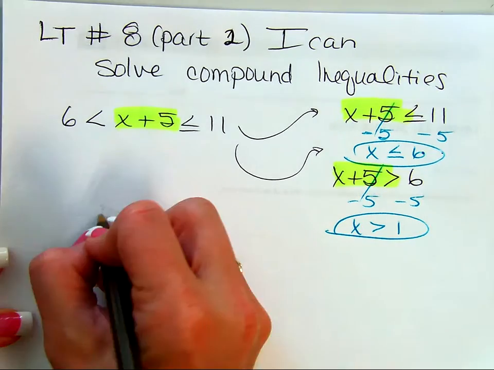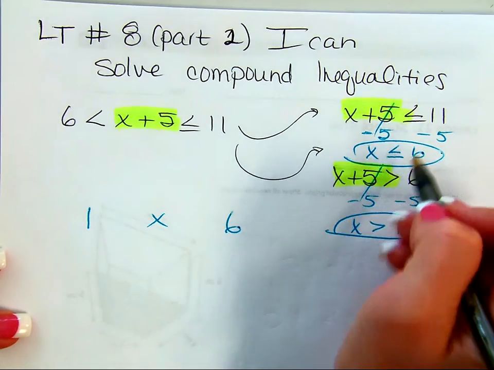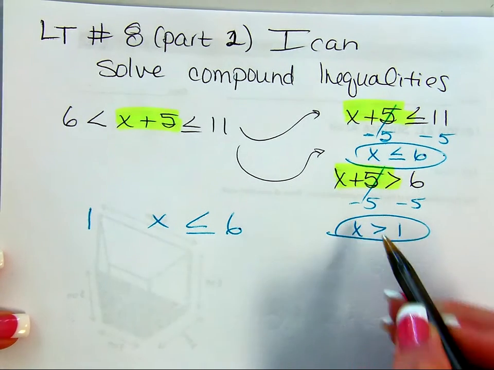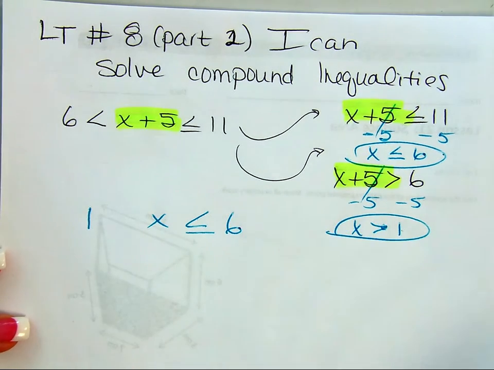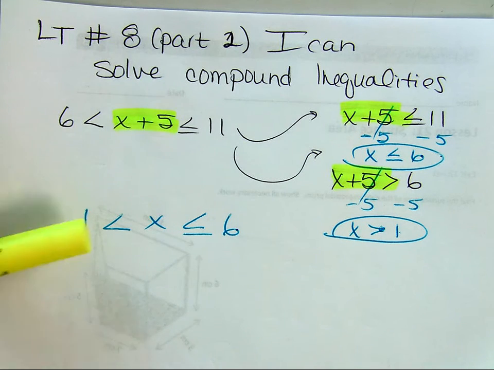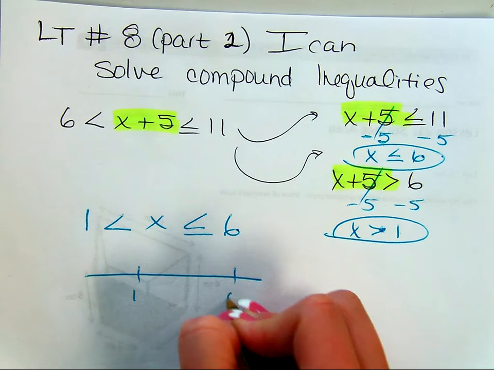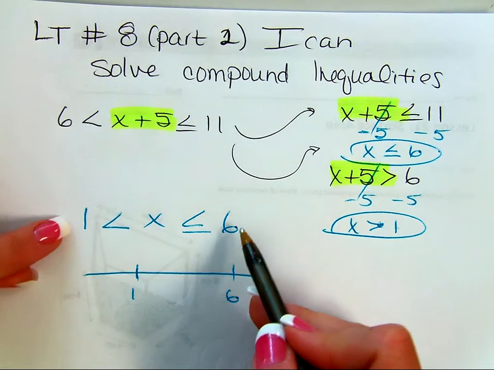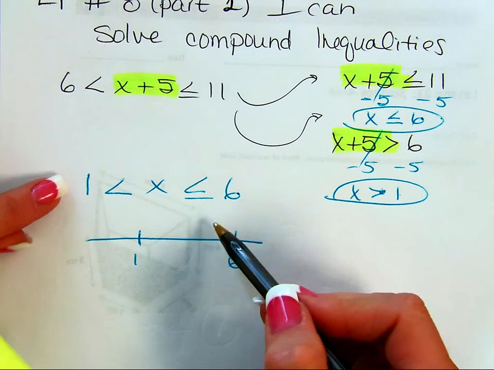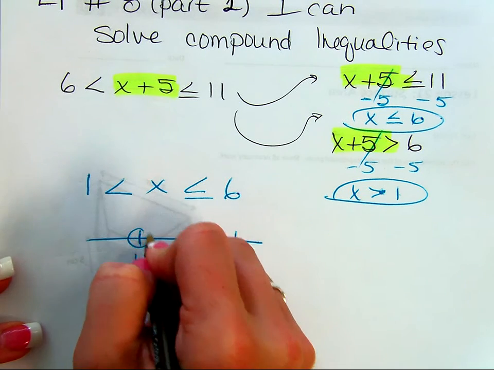So I got my 1, I got my 6, I got my x. Well, this is less than or equal to 6. And if the nose is pointing to the 1 here, keep it. Then I can do my graph. 1 and 6. And remember, your numbers always should go where they are in relation to each other on the number line, right? So this is open.